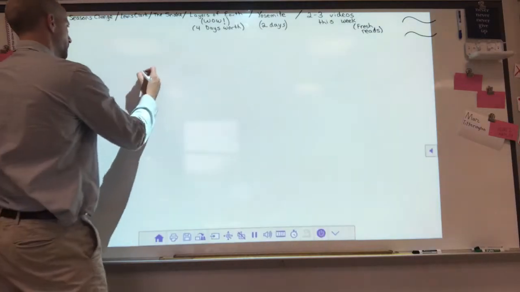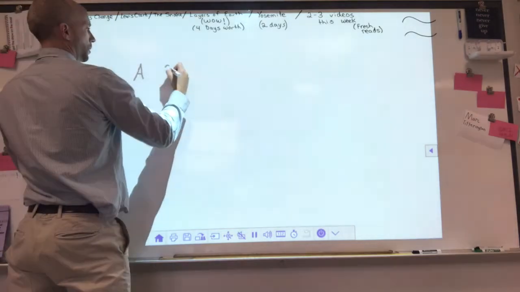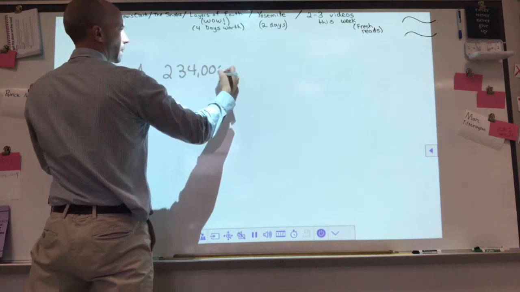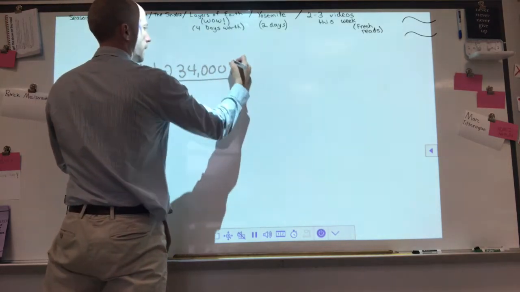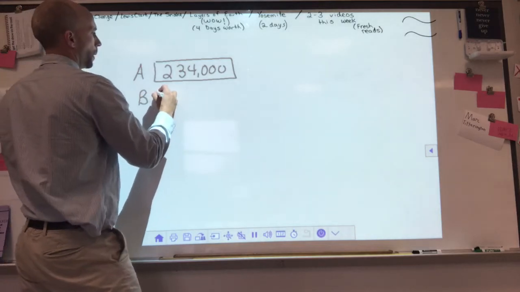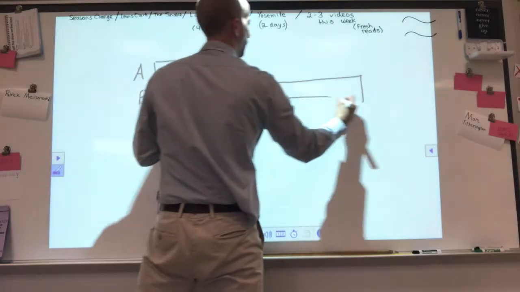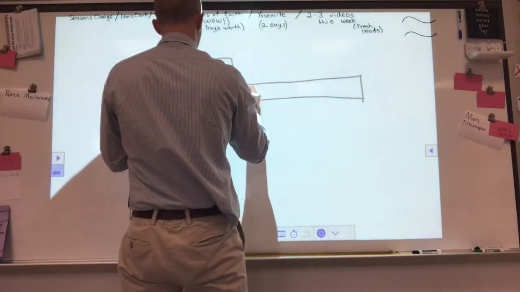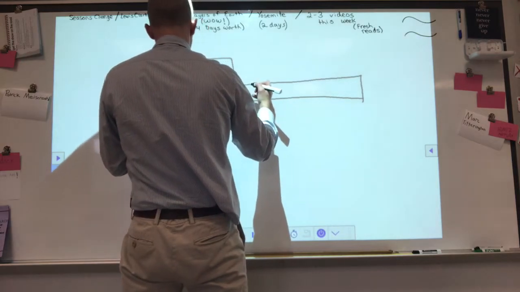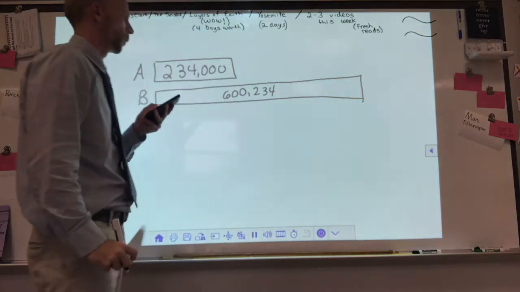Oh, I love it when Mr. Van Danny gives me an easy tape diagram. Class A doesn't haul that much. There's our Class A. Our Class B truck, really high amount, 600,234.